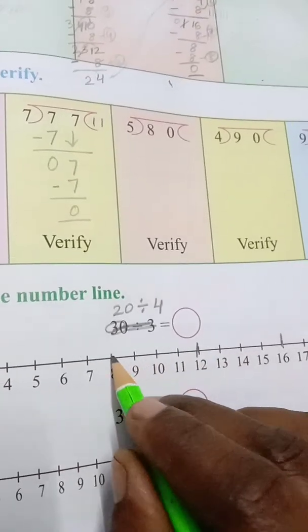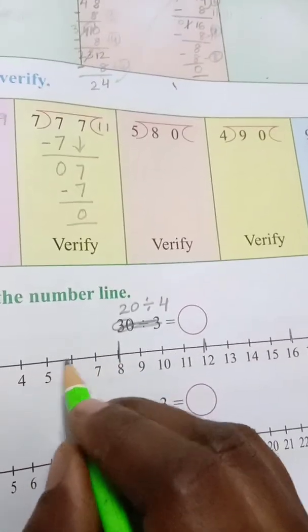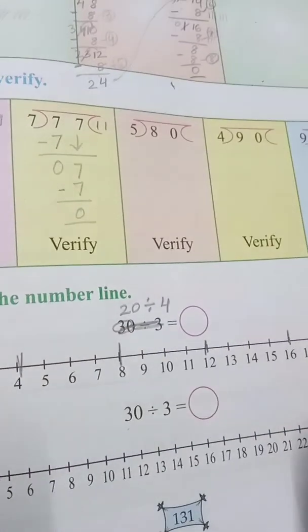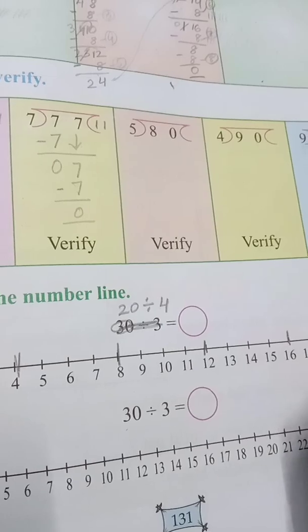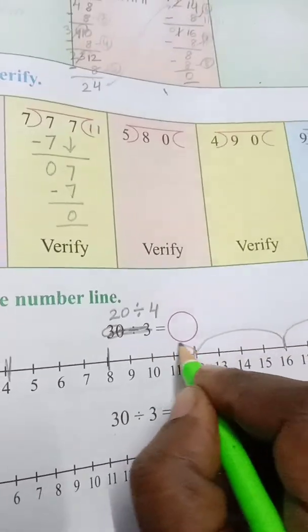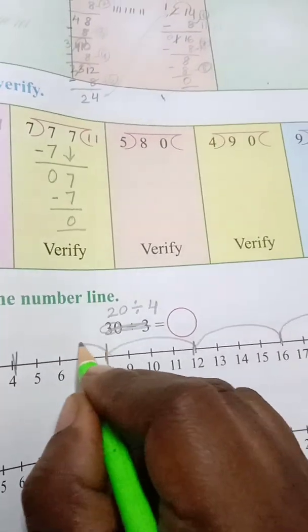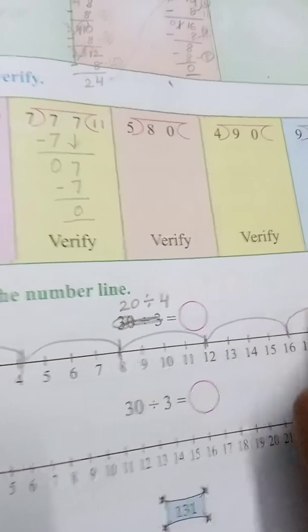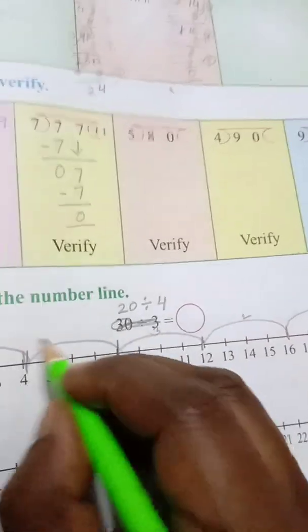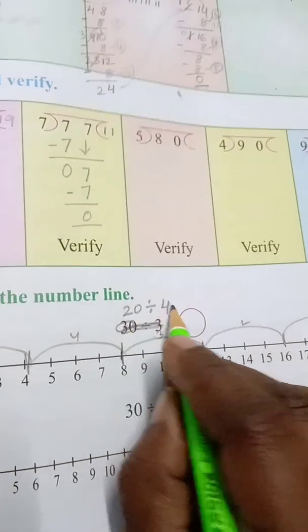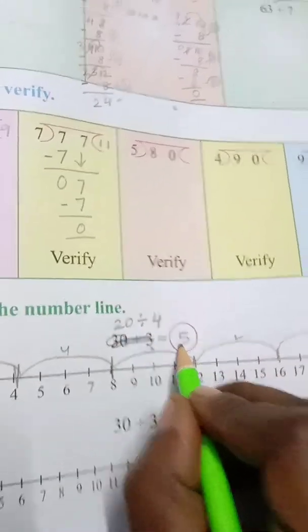Now you have to count the jumps: 1, 2, 3, 4, 5. So 20 divided by 4 is 5.